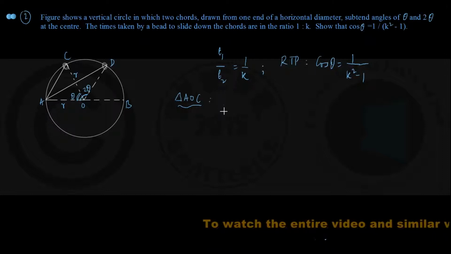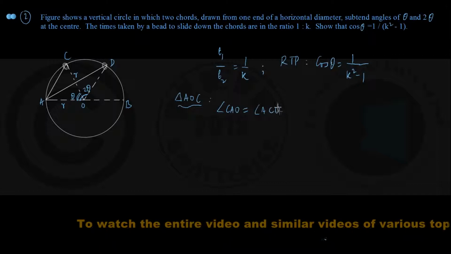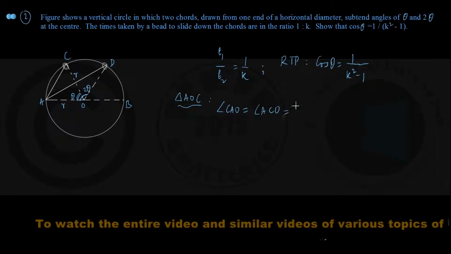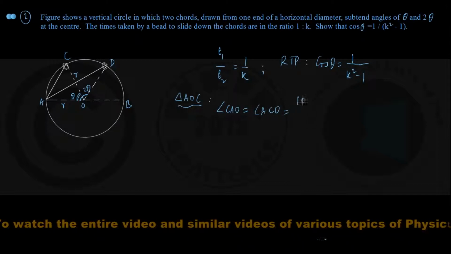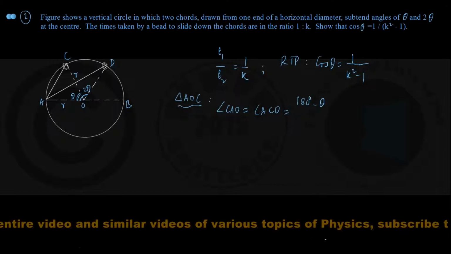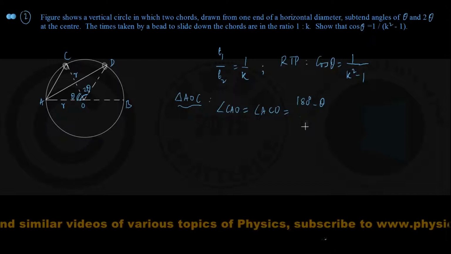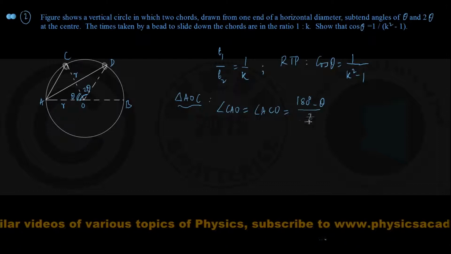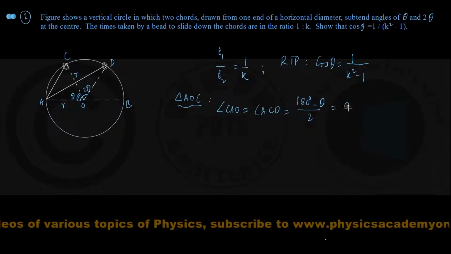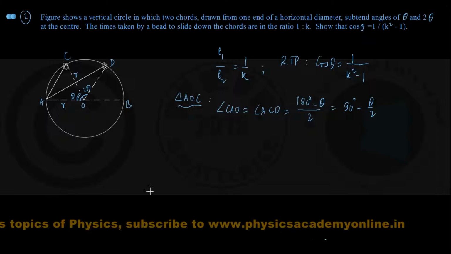So I am writing it here. The angle CAO is equal to angle ACO, and each of them must be equal to 180 degree minus theta, theta being the third angle, that is the angle COA, divided by 2. This is coming out to be 90 degree minus theta by 2, isn't it?